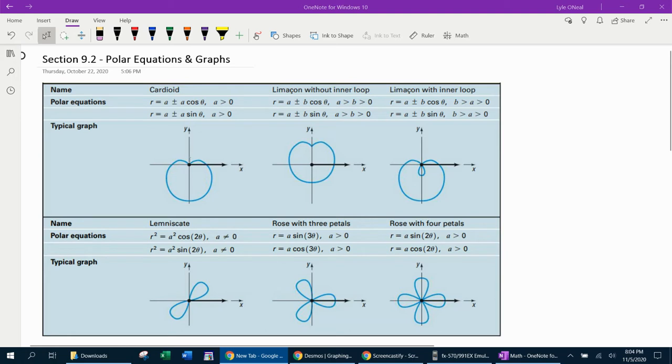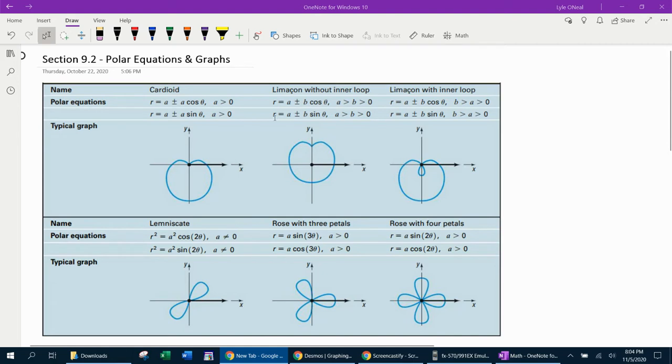But the thing you need to notice here is that the constant and the coefficient of the trig function are identical to create a cardioid here. So for an example, it might say r equals 2 plus 2 cosine theta, and you know that's going to produce a cardioid.